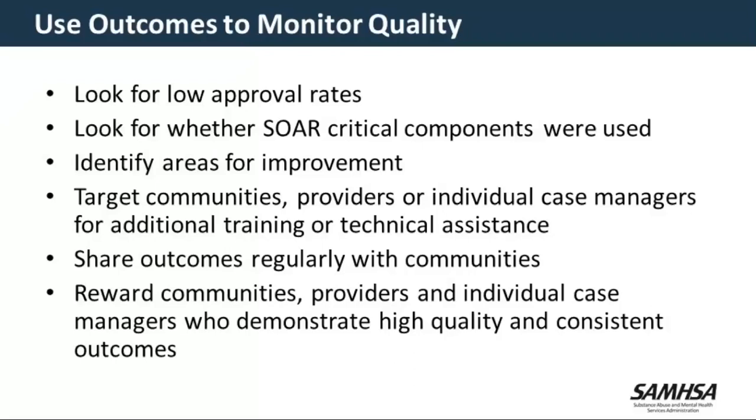Maybe if we're seeing a community or a group of caseworkers at an agency that have been struggling or haven't been doing a particular critical component, we can have a workshop and focus on medical summary reports and why they're important and how we can write them.